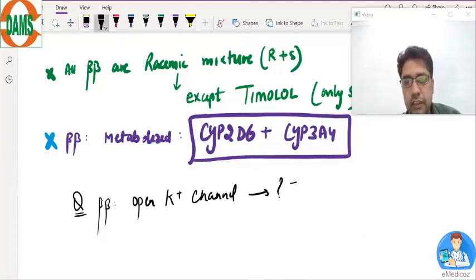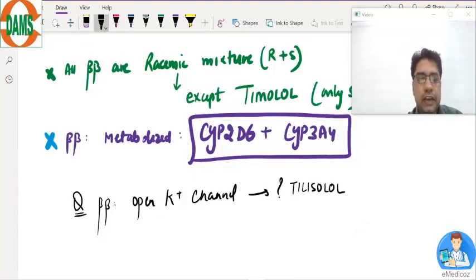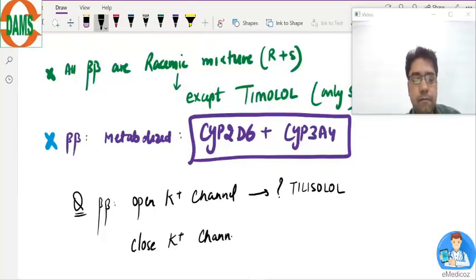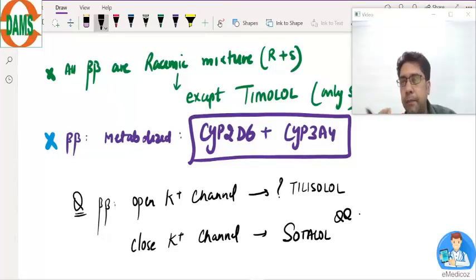The answer was tilisolol. This we already know. But you will write which beta blocker will close potassium channel. A very important drug, sotalol. Very important drug, sotalol.